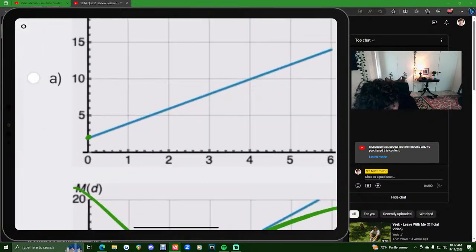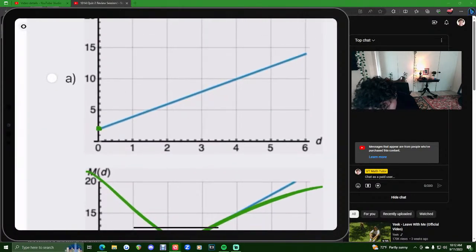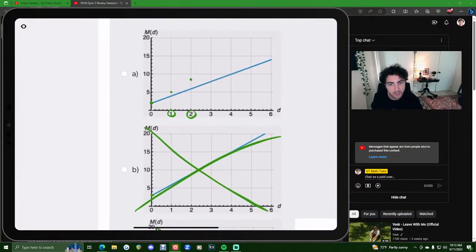So if at the start, day 0, you had $2, that means by day 1, you should have increased that $2 by $3 to get to $5. So at 1, we should have a point at $5. Then at day 2, it should be up to $8. Well, these points are not lying on this line at all.